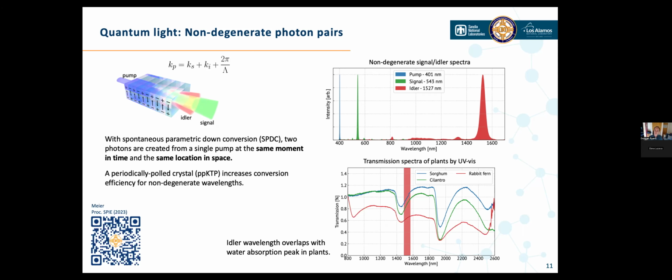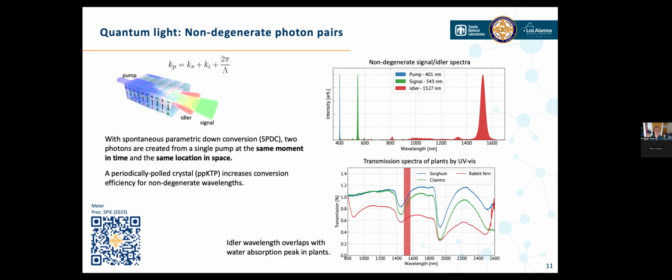And so we really want to try to image in the visible. But we want to be probing in the infrared, where the sample actually has chemical signatures of interest. So this is where the spontaneous parametric down conversion, this quantum light, really comes into focus: we can detect in the visible region where our detectors are very efficient, but we can actually be probing our sample in the infrared.